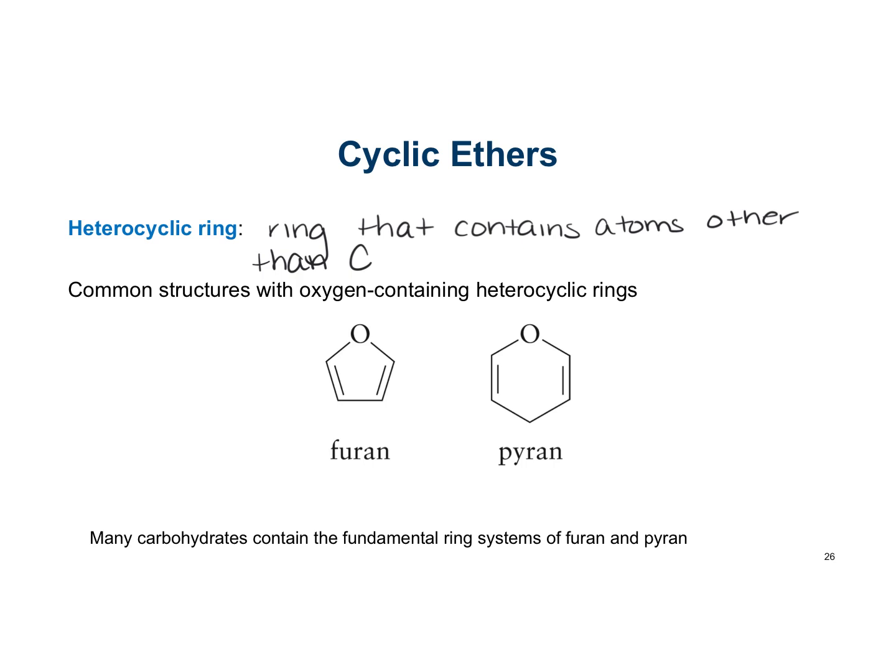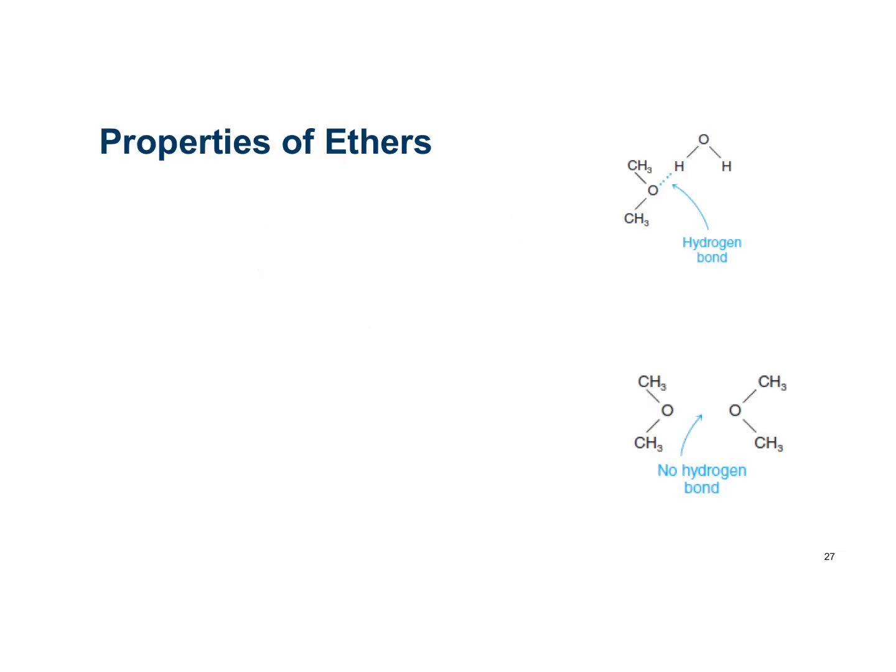Now let's talk about some of the properties of ethers, right? The oxygen atom of ethers can form hydrogen bonds with water. So ethers are slightly more soluble in water than hydrocarbons, but they're less soluble than alcohols of comparable molecular weight. So they're much less polar than alcohols.